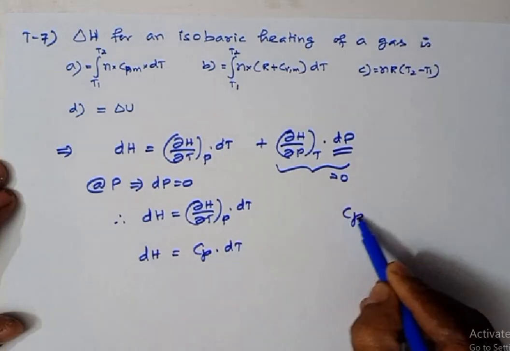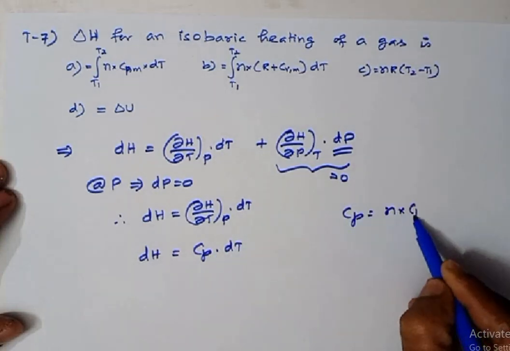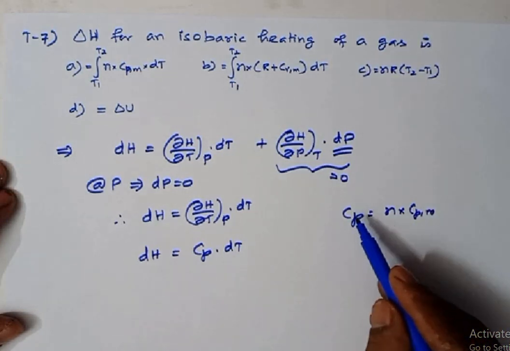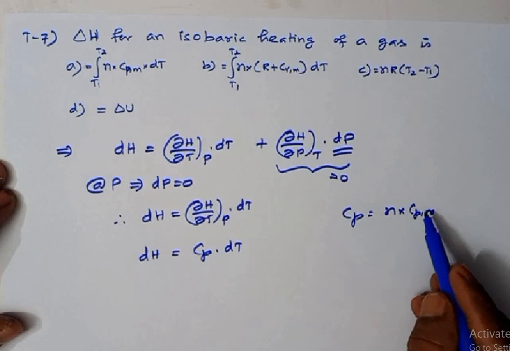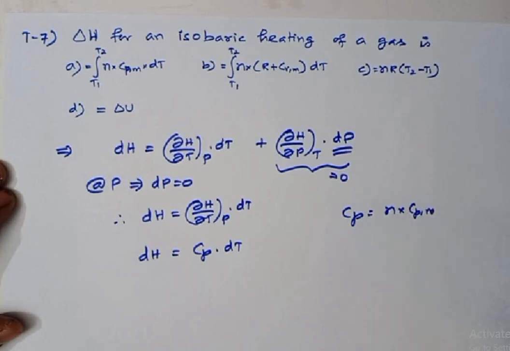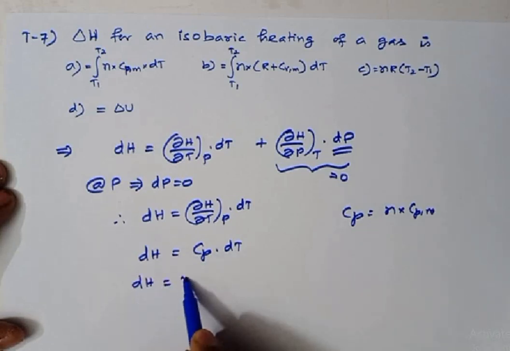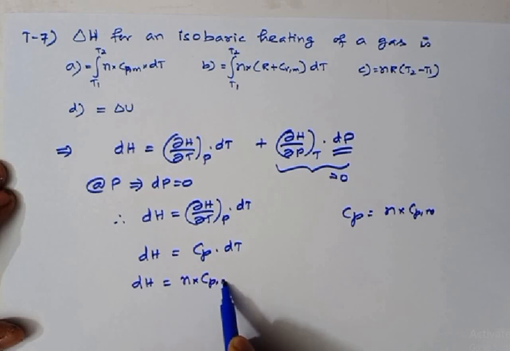What is Cp? You know very well, N into Cpm. Cp means heat capacity for N mole of gas. Cpm means heat capacity for 1 mole of gas, into N will give you N mole. So in the place of Cp, I can write dH is equal to N into Cpm into dT.